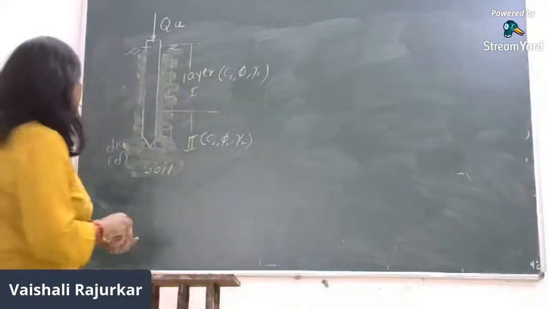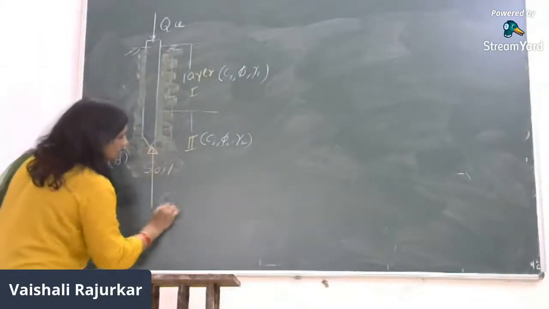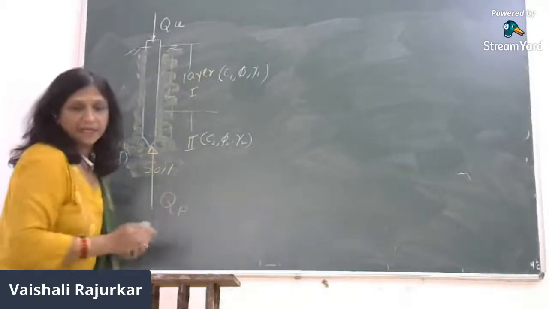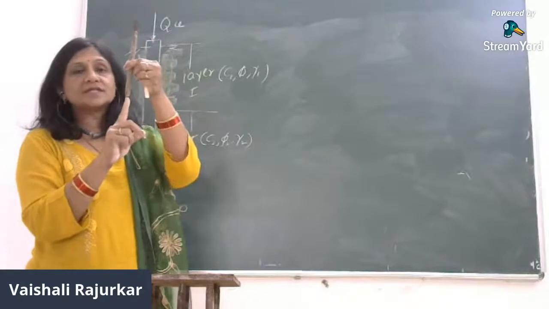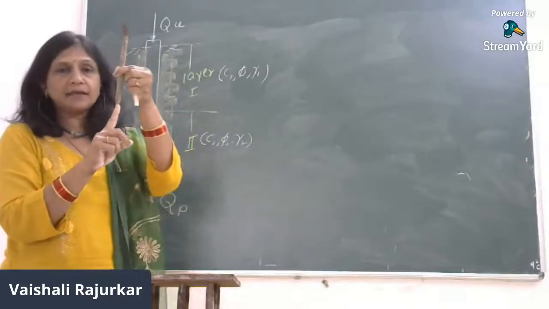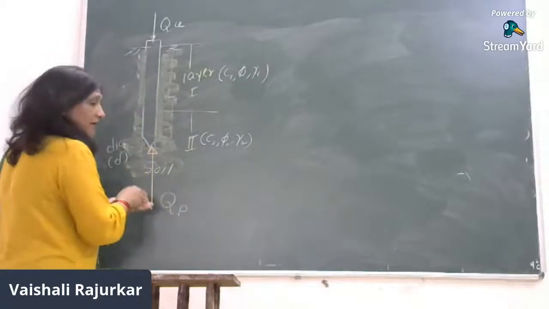One is the tip resistance which is acting at the bottom. So here this is QP. This QP is the resistance acting at the bottom, where the cross-sectional area of the pipe is taken into consideration. Right? Then there will be the frictional resistance.